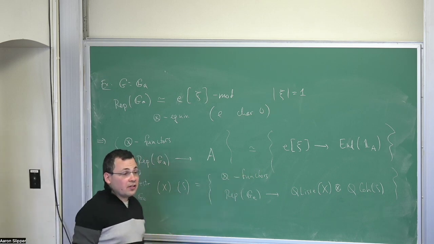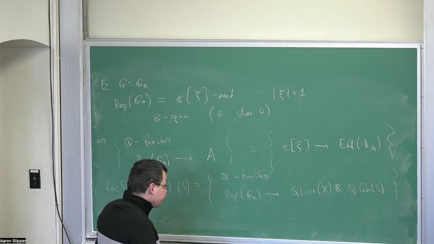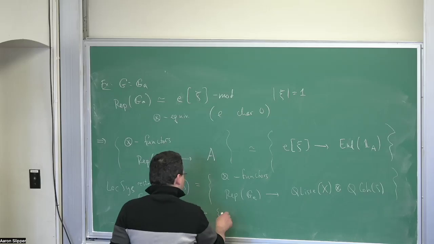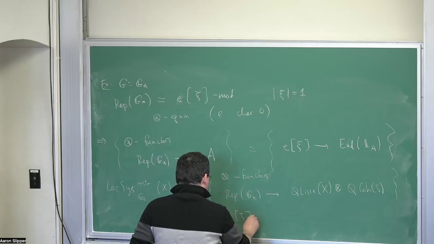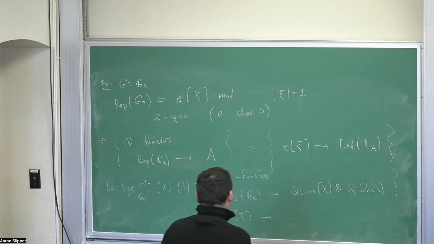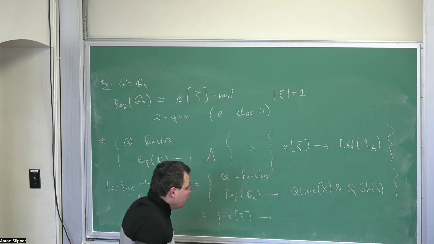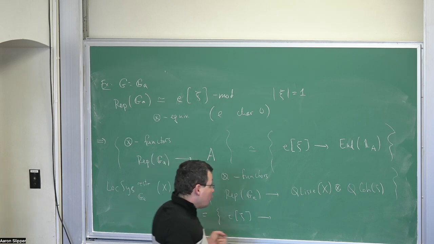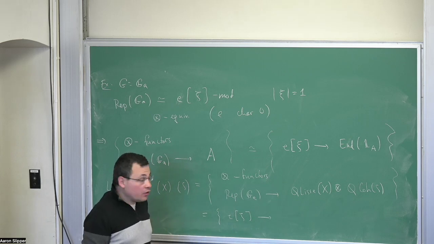So I can just say all tensor functors. And so this is the same as maps of algebras into endomorphisms of the unit here. Well, tensor endomorphisms of the unit here.